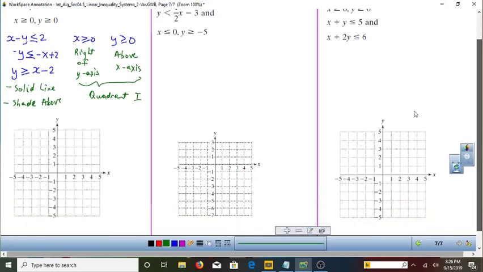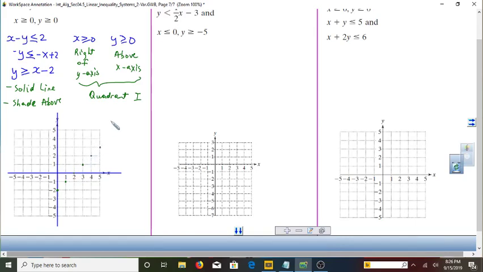So let me draw my 2 regions here. I get x-axis, y-axis, and then my line, I start at -2, and then my slope is 1, so I go up 1 over 1, up 1 over 1, up 1 over 1, and I just keep doing that till I run out of space on the graph.